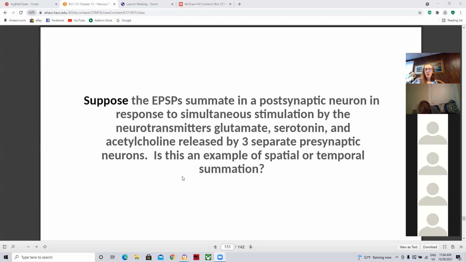Suppose the excitatory postsynaptic potentials are summating in response to simultaneous stimulation by neurotransmitters, glutamate, serotonin, and acetylcholine, released by 3 separate presynaptic neurons. Is this an example of spatial or temporal summation?